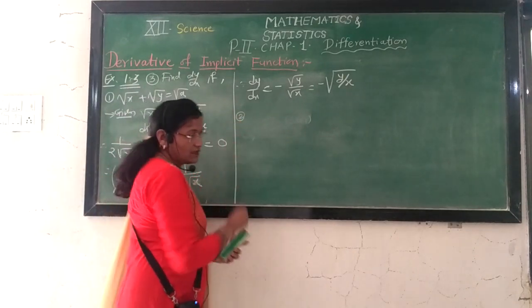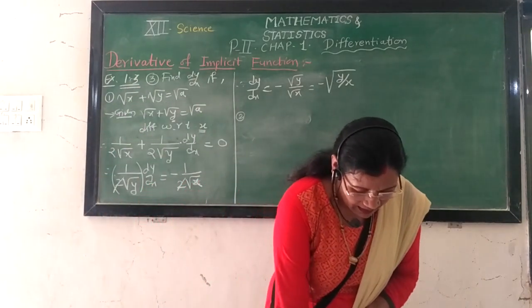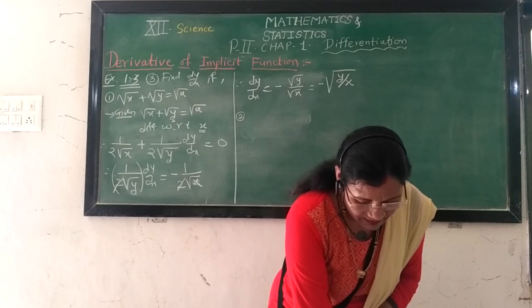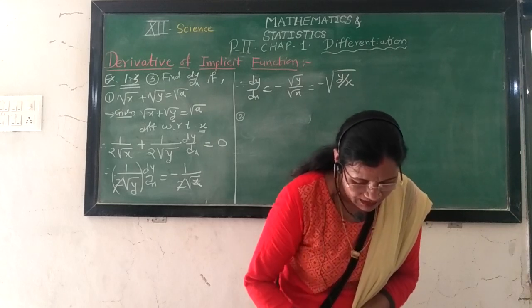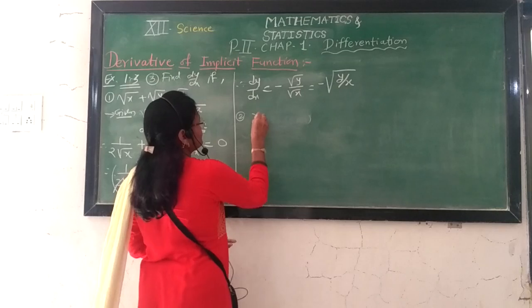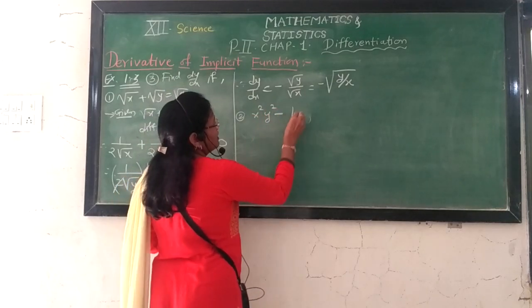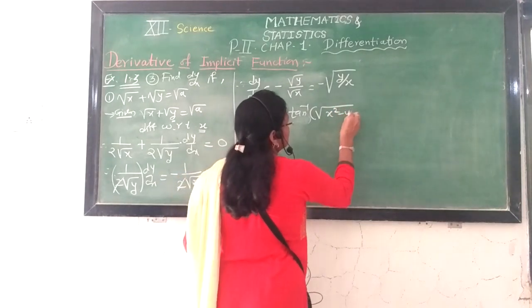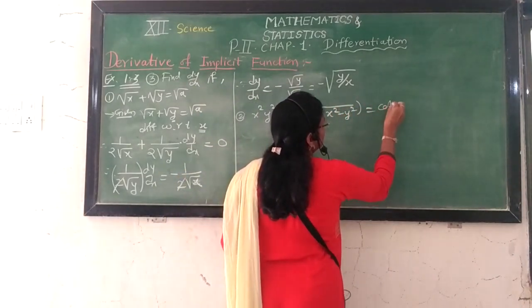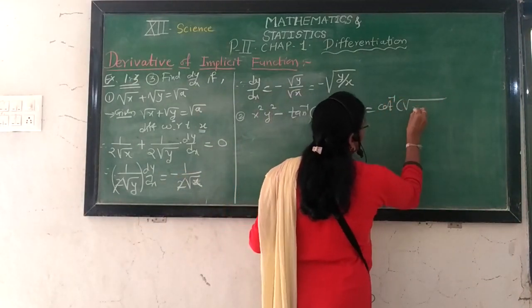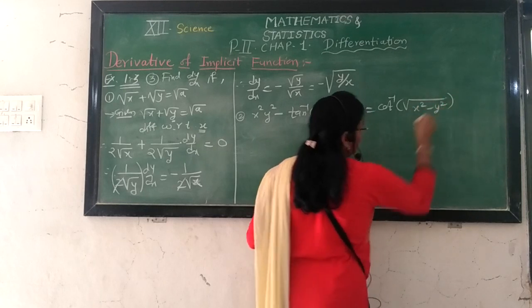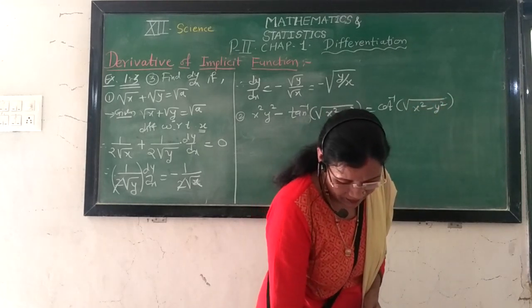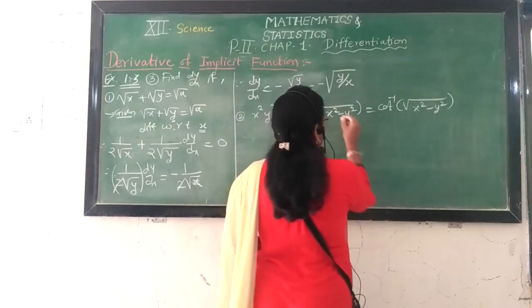Now we take one more example of this topic: find dy by dx for the same type of question, x squared y squared minus tan inverse of under root of x squared plus y squared is equal to cot inverse of under root of x squared plus y squared.